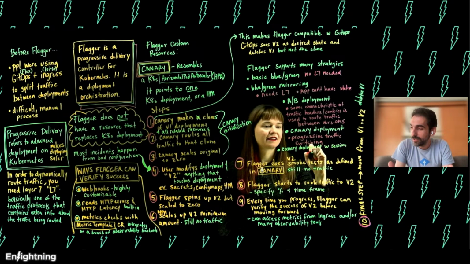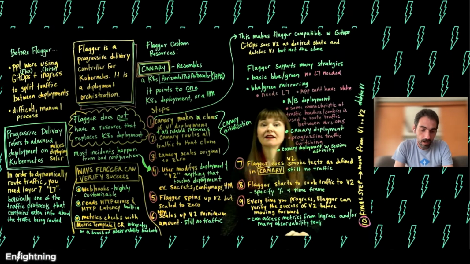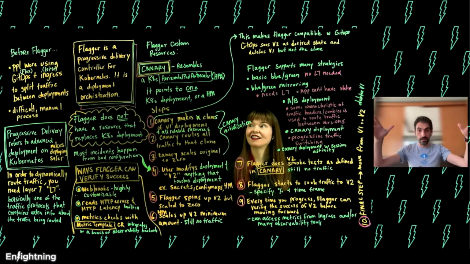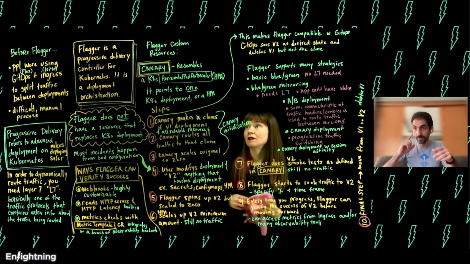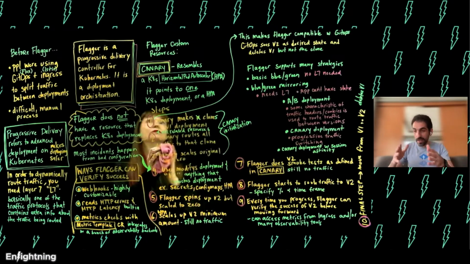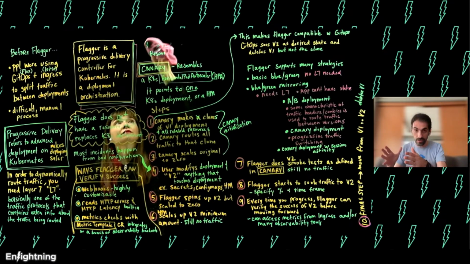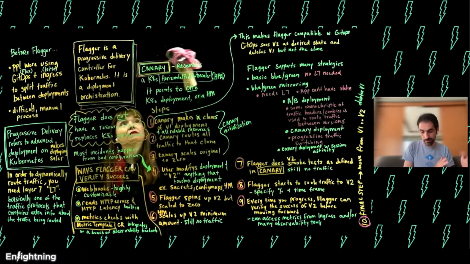How does this work at the layer 7 implementation? How do you say 5% of the traffic goes to the new version? You have a total of TCP connections, right? And you take a random 5% of all the connections and you move them to the new version.